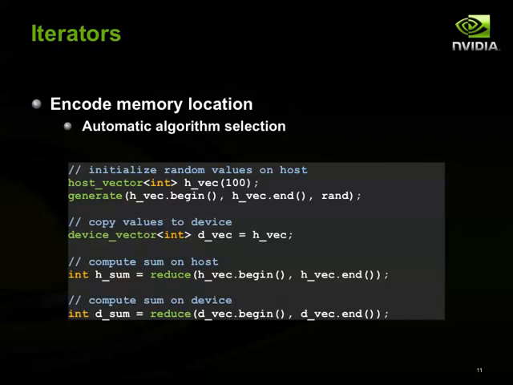We just said copy, and it figured out which version of the copy algorithm it needed to apply. So this will save you a lot of errors. If you just have a bunch of pointers floating around in your code, then you'll sometimes make a mistake where you forgot to copy it or you forgot to allocate something on the device or the host. But with this technology, the chance of that is diminished.